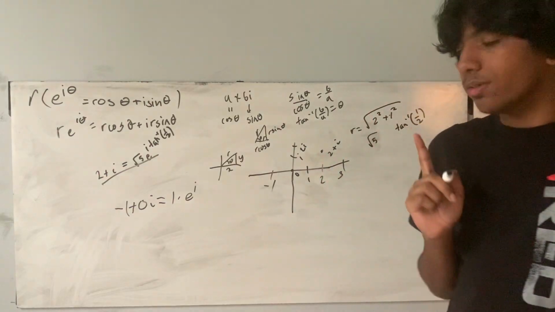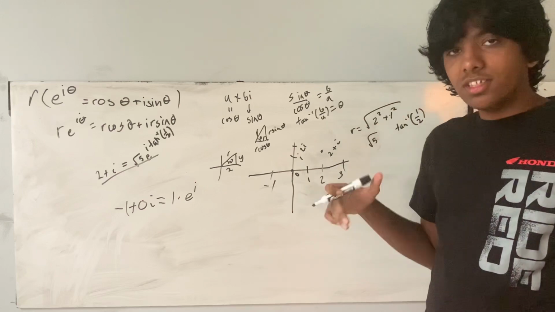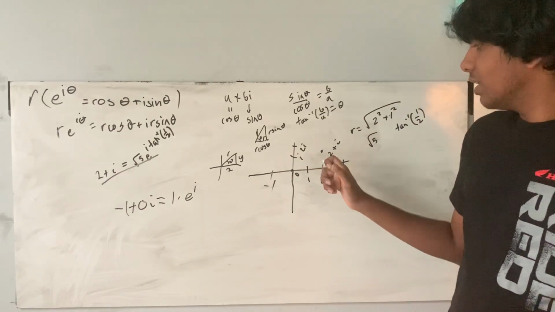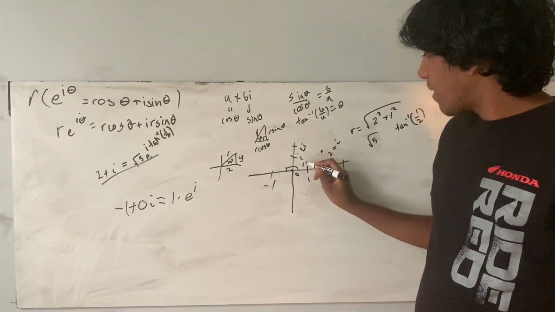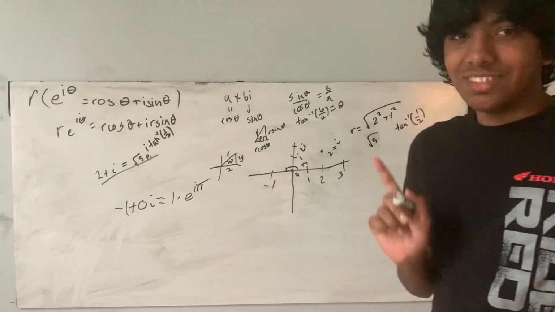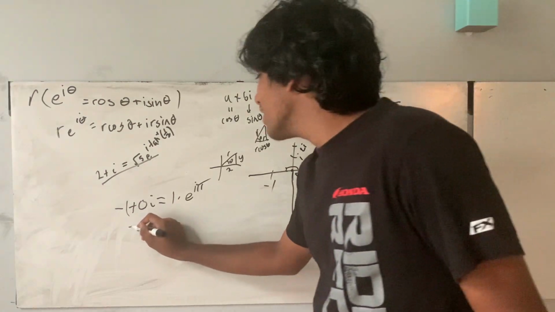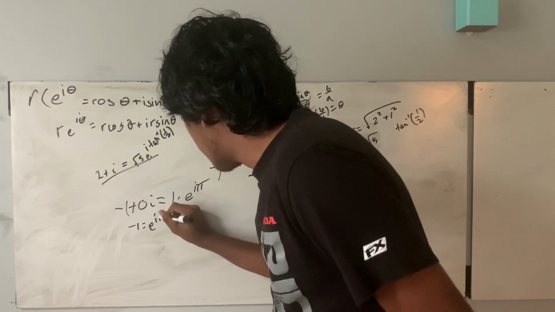What is theta though? It's in radians, right? Because we're talking about that Taylor series was meant for radians, not degrees. This in radians is obviously pi radians. Pi radians is looking familiar, right? So we can say that -1 equals e to the i pi.